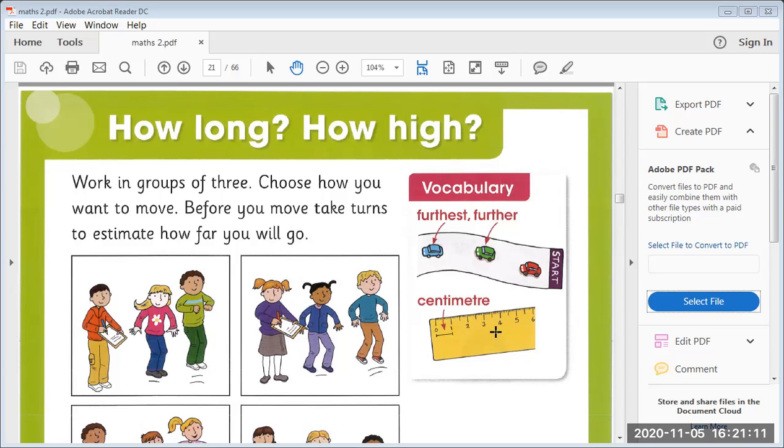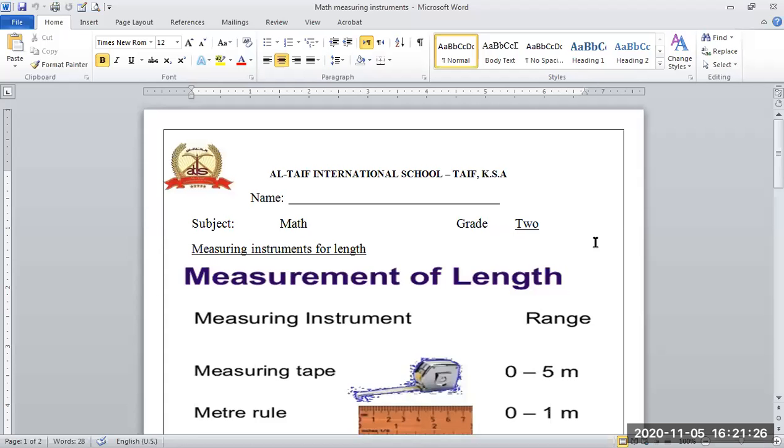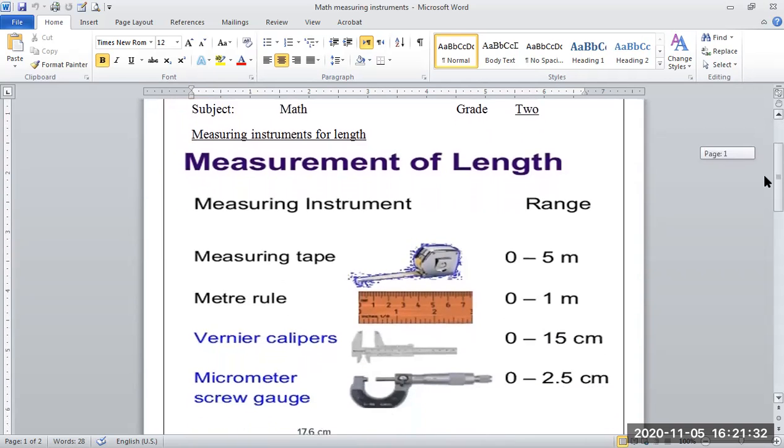Now we start on the sheet. Which instrument do we use to measure the length of different objects? Now come to the sheet. Look here. Here I give you some instruments that we use to measure the length.